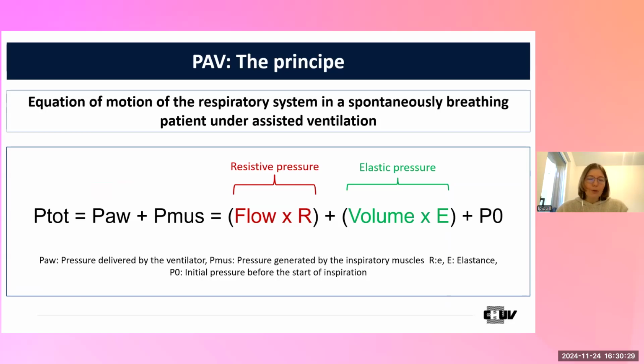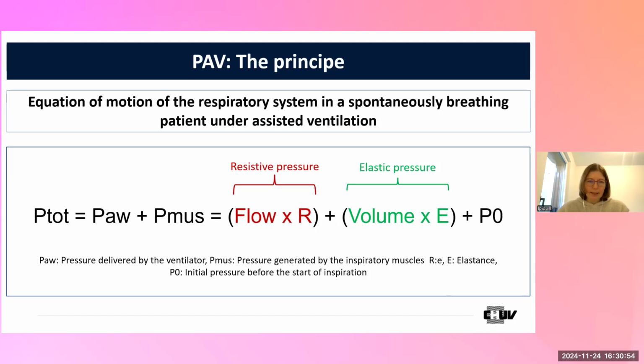The working principle of PAV is based on the equation of motion of the respiratory system. You probably all know this equation, which says that the total pressure present in the airway equals the pressure delivered by the ventilator, P airway, plus the muscular pressure, the P mus.